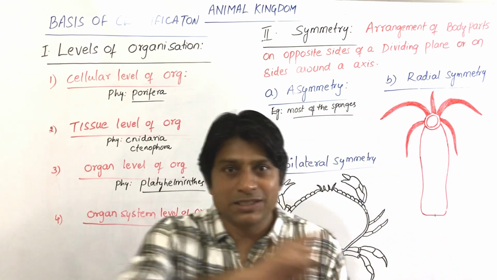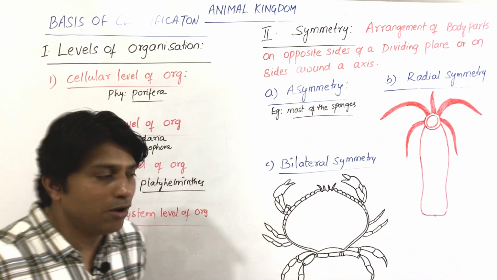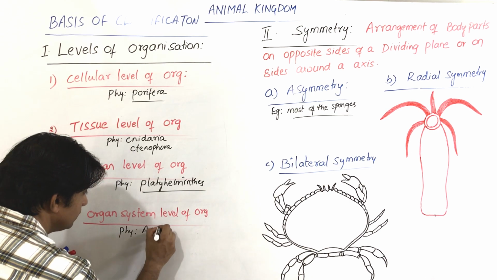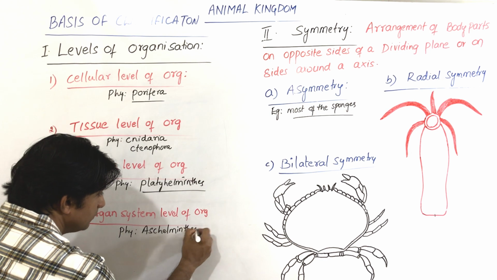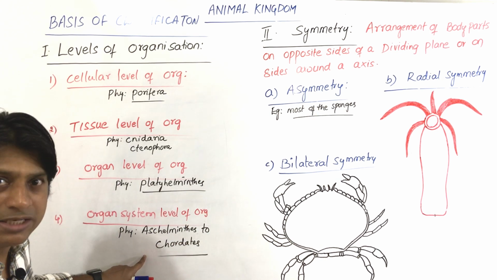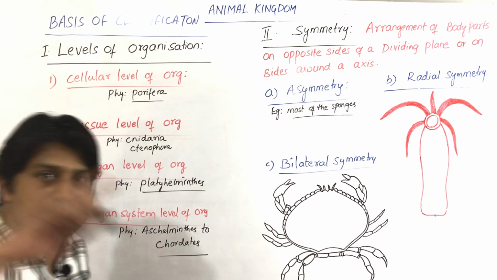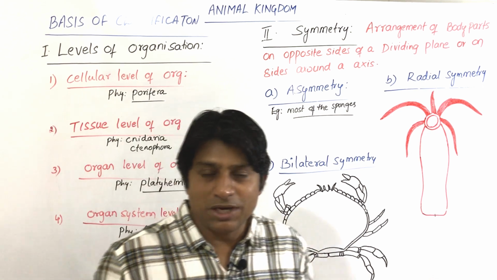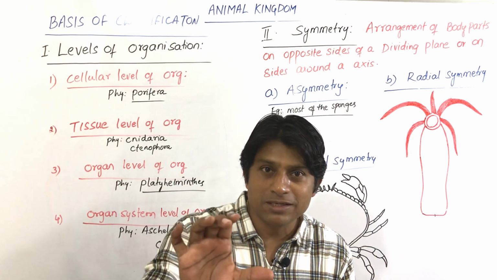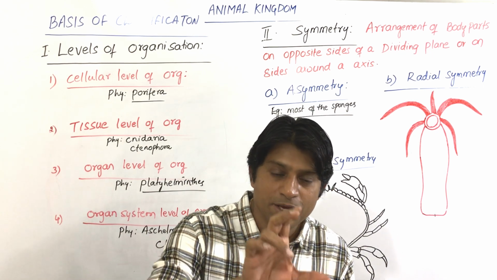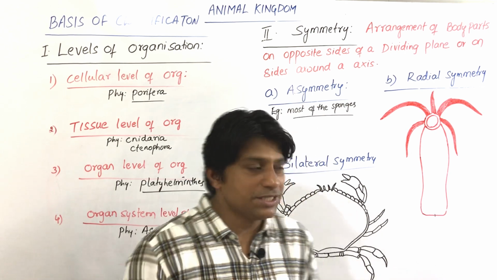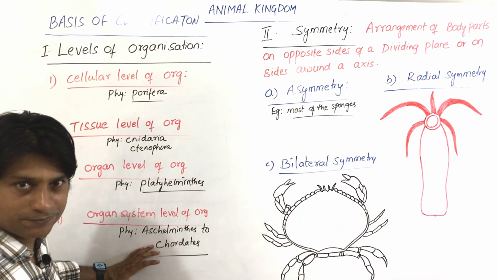And from phylum Aschelminthes to chordates, they have organ system level. So different organs combine to form organ systems, and these organ systems are specialized for performing some physiological functions. This is the highest level of organization.